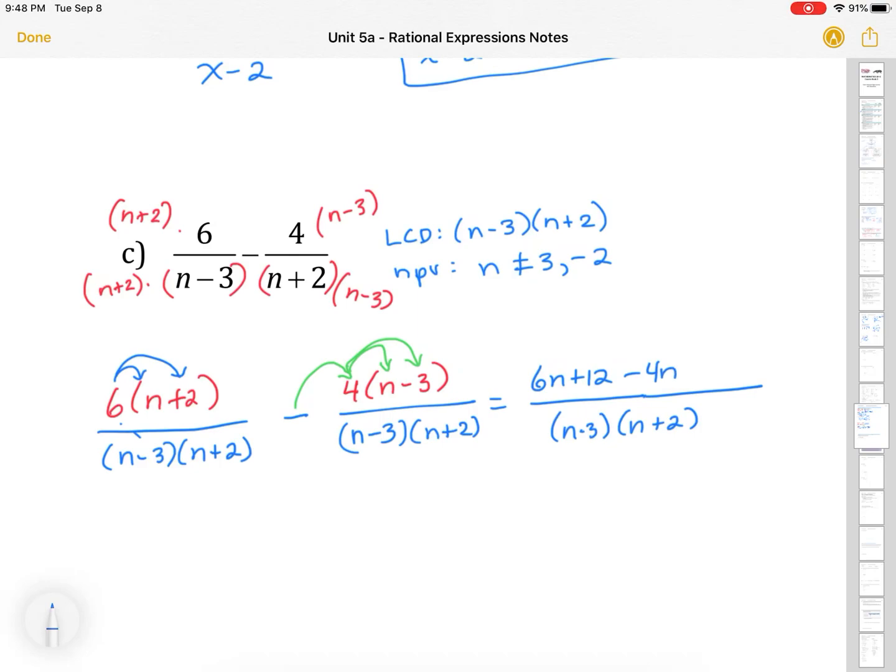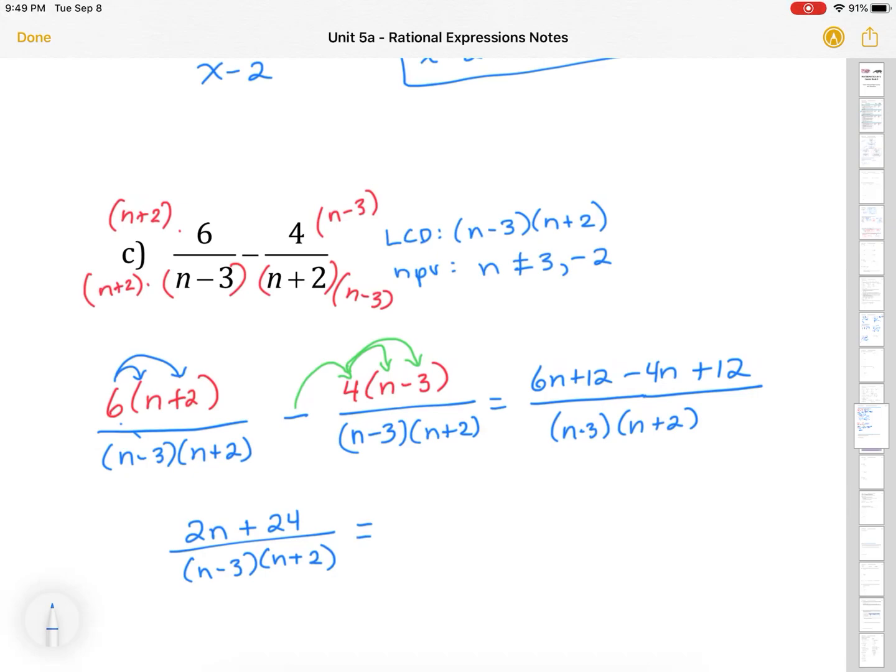And then negative 4 times negative 3, so it'll be plus 12. And now I have some like terms I can collect. 6n minus 4n is 2n. And 12 plus 12 is 24. All over n minus 3, n plus 2.